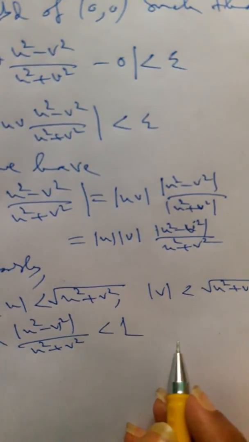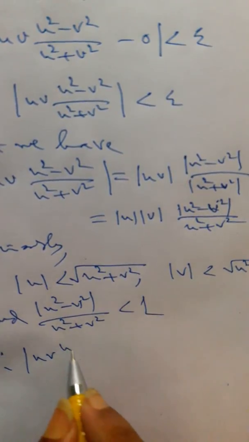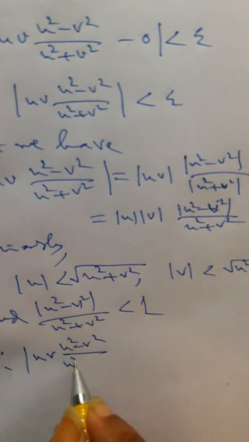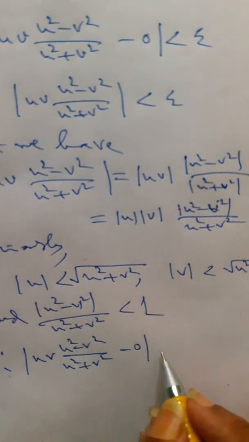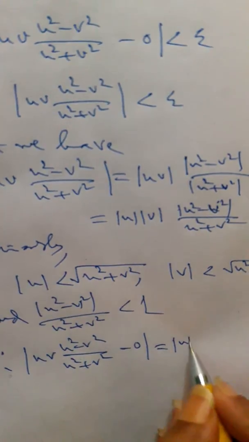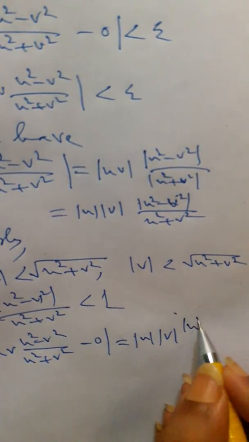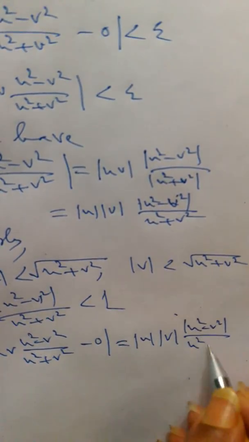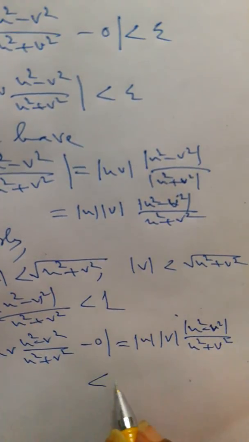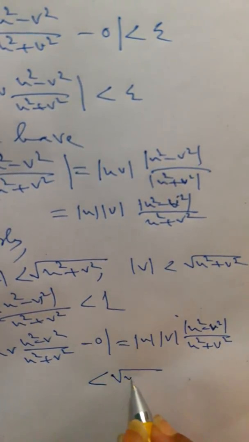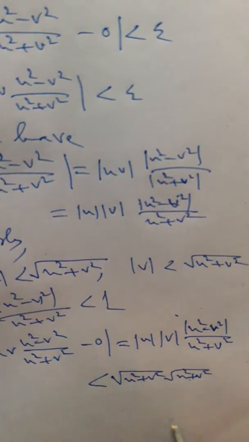Using these three relations, therefore, mod of uv (u square minus v square) by (u square plus v square) minus 0 will be mod u, mod v, and mod of (u square minus v square) by (u square plus v square), which is less than root over of u square plus v square times root over of u square plus v square times 1.